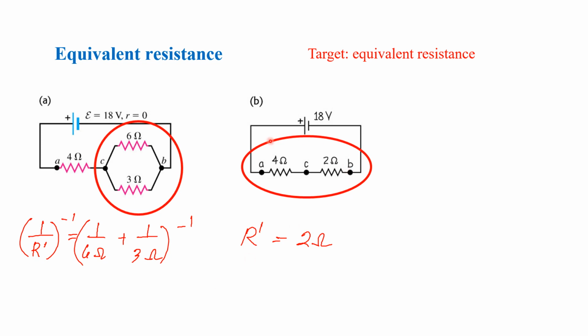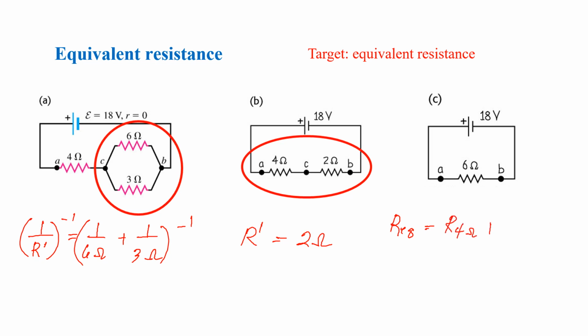And we are now able to simplify to just two resistors that are in series. You know that these are in series, so you just simplify that one. For resistors in series, your R equivalent is equal to 4 ohms plus your R prime, so R equivalent is equal to 4 ohms plus 2 ohms, that's equal to 6 ohms.